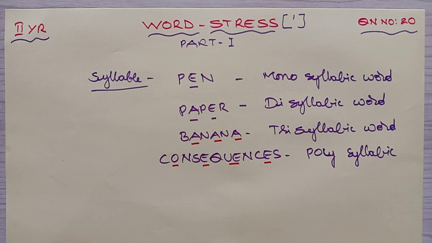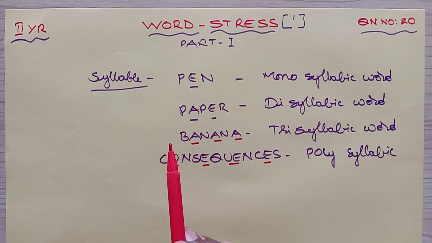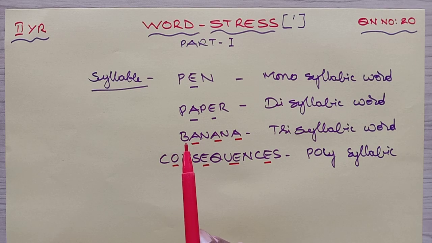Once we write like this, the underlined letters are vowel sounds, and we need to do the same for pen and paper.